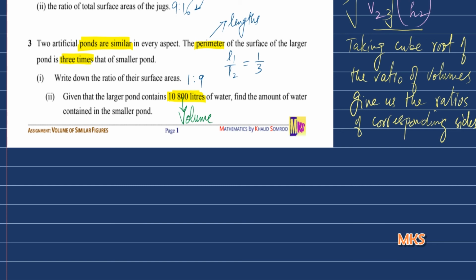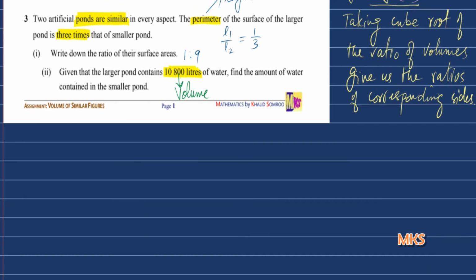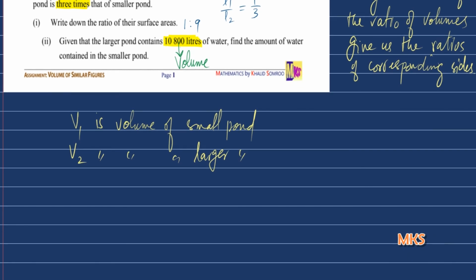So we need to find the small pond. V1 is the volume of the small pond and V2 is the volume of the larger one. So V1 over V2 will be equal to 1 over 3 cube, because V1 over V2 is equal to L1 over L2 cube.